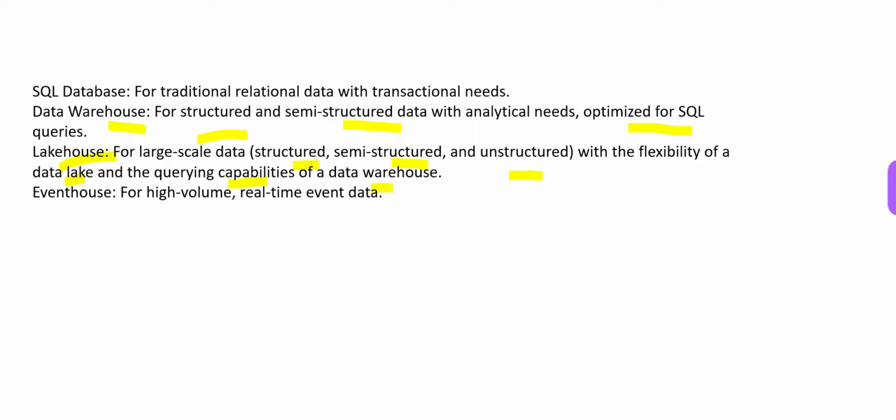You can fire queries and analyze like a data warehouse, and it can store an enormous amount of data for big data applications. Then we have Event House for high volume, real time event data. Something like IoT devices sending data every 5 seconds, coming in through Event Hub or Kafka streams. It is for that purpose.